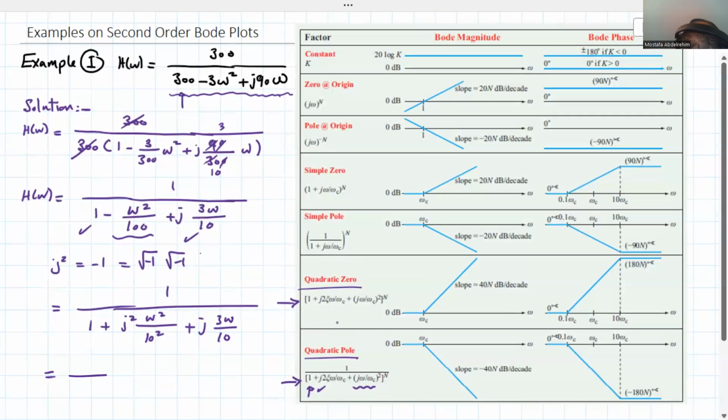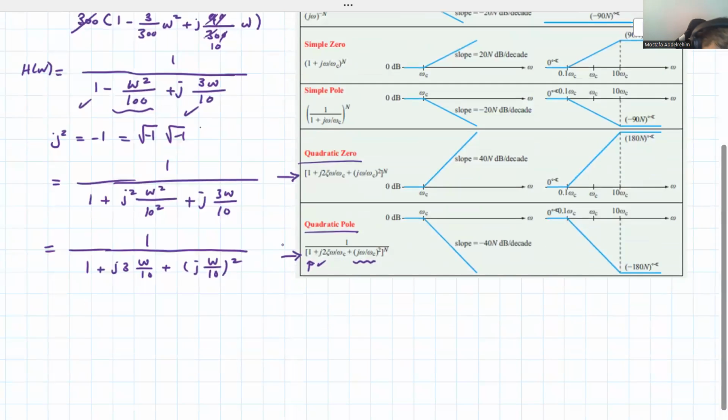So that would be 1 over 1 plus j 3 omega over 10 plus j omega over 10, everything to the power of 2, or squared.